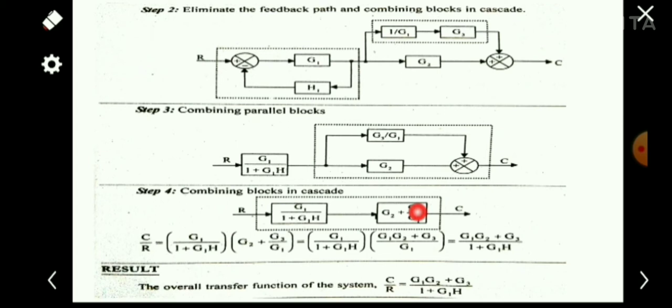This comes in series with G1 by 1 plus G1H, so we can combine these two blocks. The transfer function C by R will be G1 by 1 plus G1H into G2 plus G3 by G1. So at last it becomes G1 G2 plus G3 by 1 plus G1H.